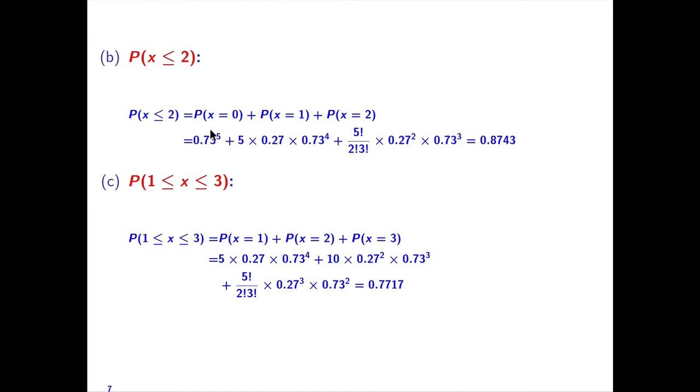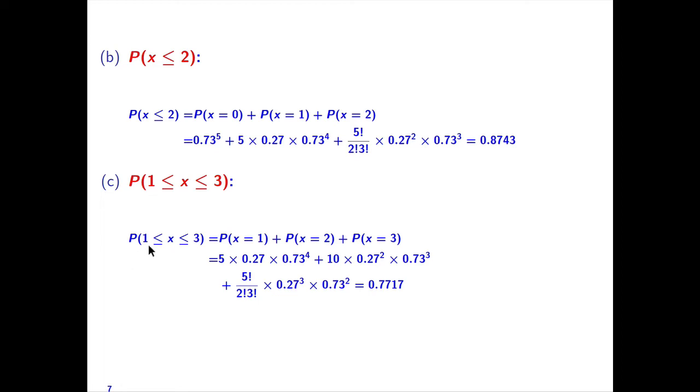So from the previous example, you get 0.73 to the 5th, plus 5 times 0.27 times 0.73 to the 4th, and then for x equals 2, you have 5 factorial over 2 factorial times 3 factorial times 0.27 squared times 0.73 to the 3rd, and using your calculator, you'll be able to get 0.8743.